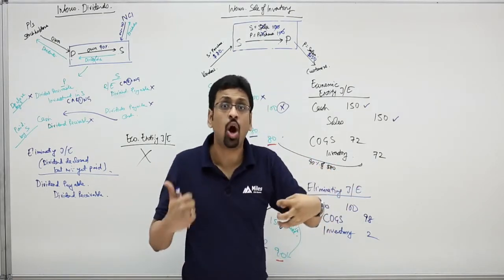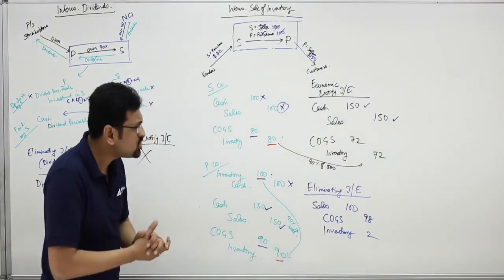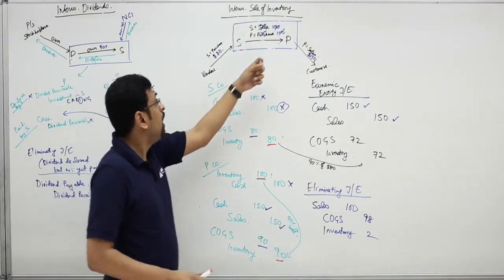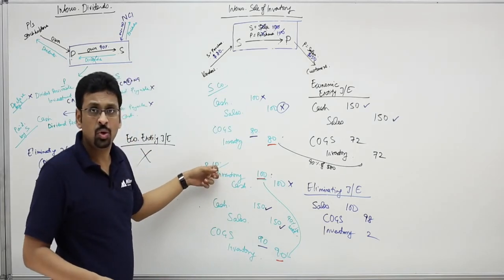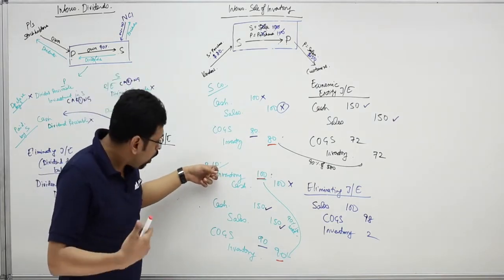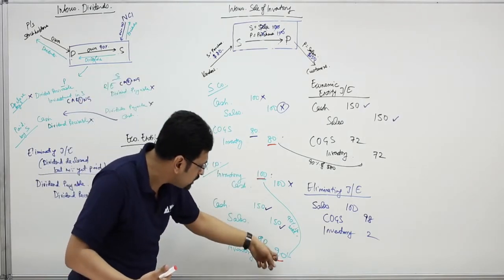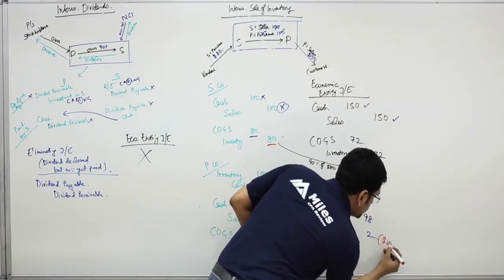The inventory needs to be at cost. So guys, understand here. How much of the inventory is remaining? The parent purchased inventory at $100, of which 10% was unsold. So they got $100, they sold out 90. So they had $10 of inventory.